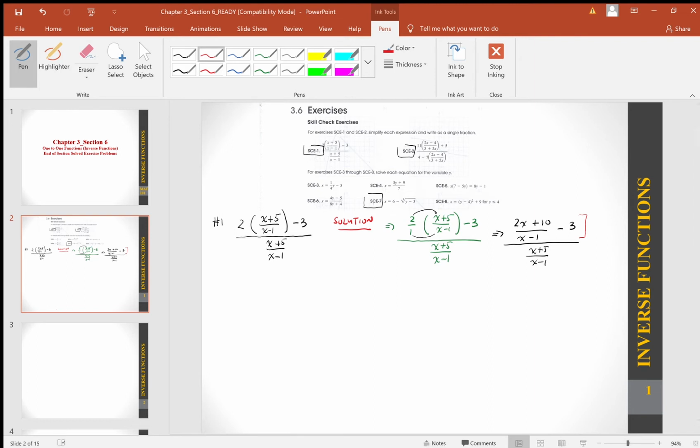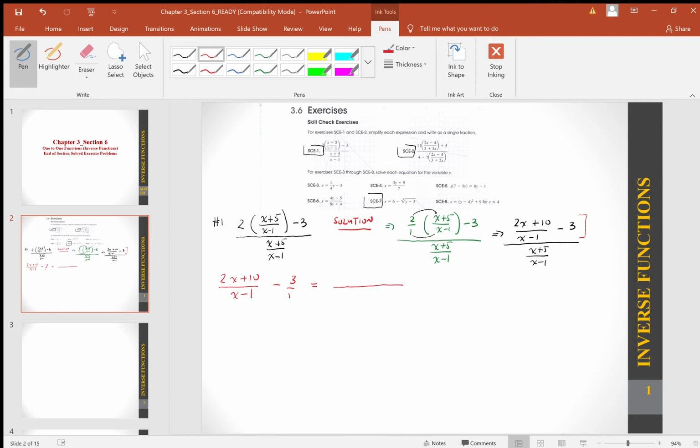So it's going to be 2x plus 10 over x minus 1, minus 3. I'm just going to put that in a fraction as well, equals.